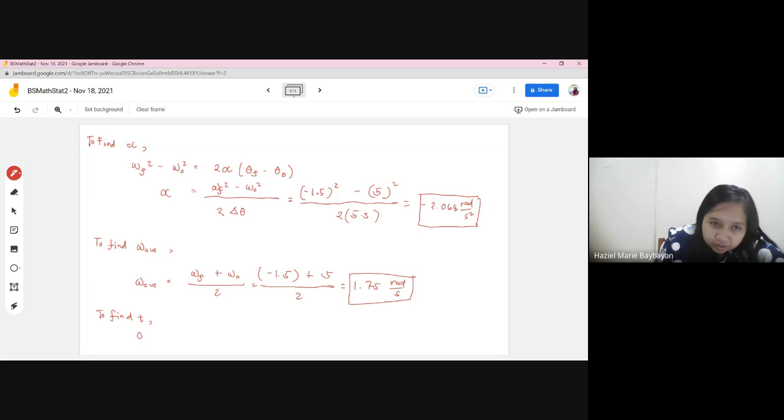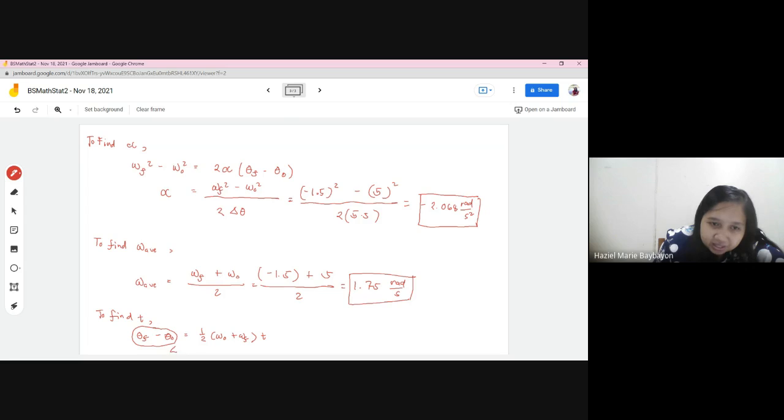We have theta final minus theta initial is equal to 1 half omega naught plus omega final multiplied by t. The left hand side of the equation is just equal to your delta theta.